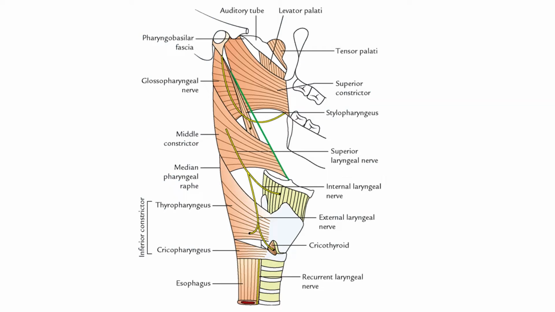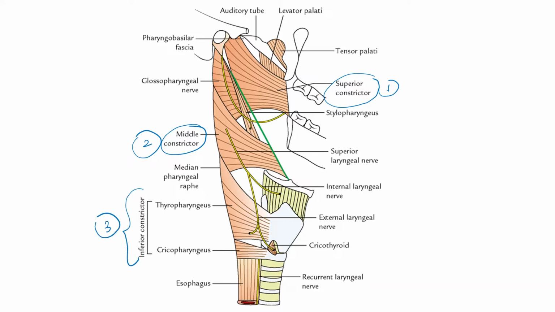This is the diagrammatic view where we can make out the arrangement of the three constrictor muscles, which are the extrinsic or the outer layer of muscles of the pharynx. Number one is the superior constrictor, number two is the middle constrictor and number three is the inferior constrictor.